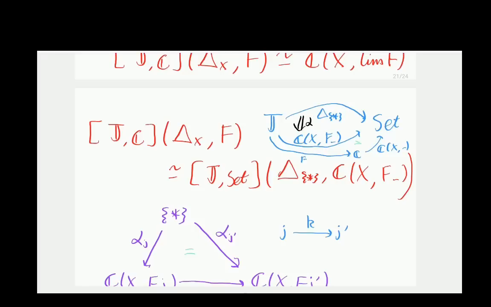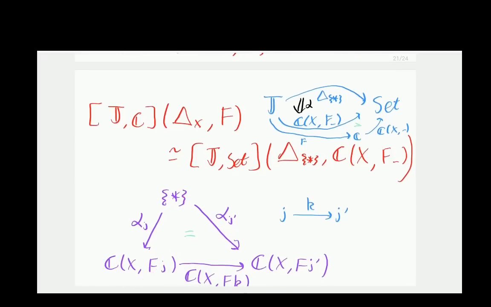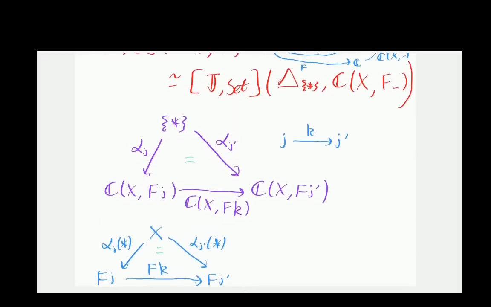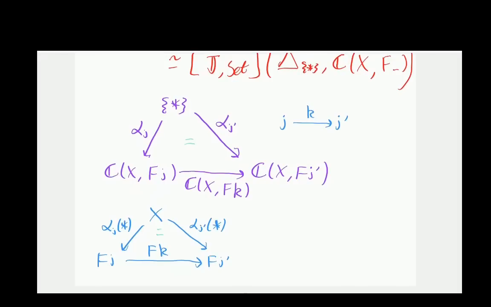Well, for every object j in here, we're going to have an arrow of this form. And we just want that for every arrow k from j to j dash, we have this triangle commuting here. But if we think about what this means, we've got to have a single element up here. So if we apply this, we're going to get an arrow from x to f of j. So something like this.